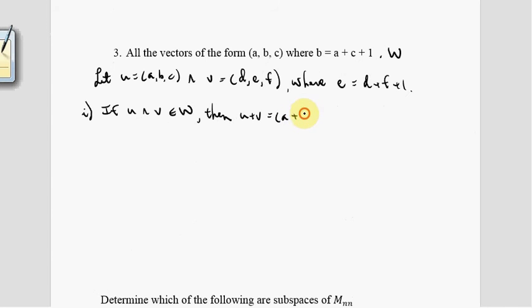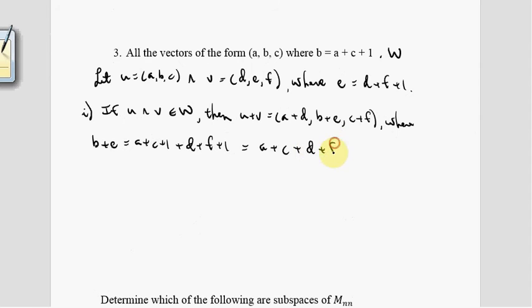This is A plus D, B plus E, C plus F. Let's see what happens to the sum B plus E. That's equal to A plus C plus 1 plus D plus F plus 1, which equals A plus C plus D plus F plus 2. Right, that should be plus 1.